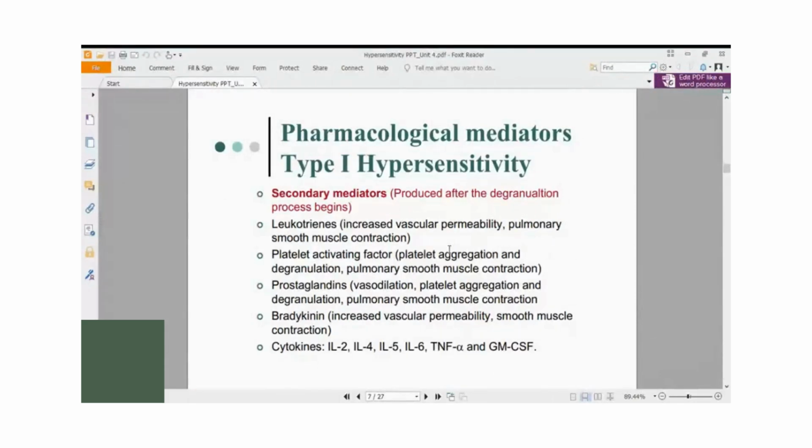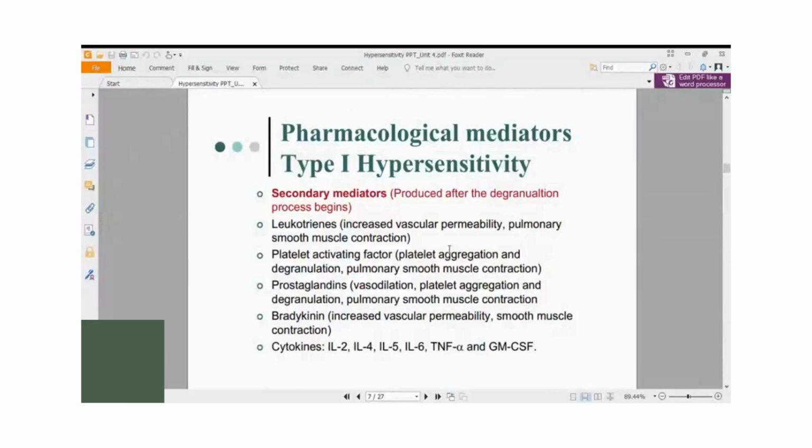Degranulation of platelets will cause smooth muscle contraction. Prostaglandins: different types of prostaglandins are there, such as PGE. These prostaglandins cause vasodilation, vascular permeability, increased blood vessel dimension, and more blood gushing to that area.